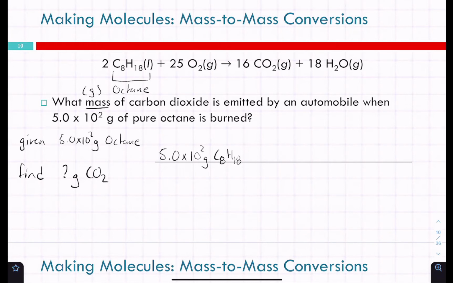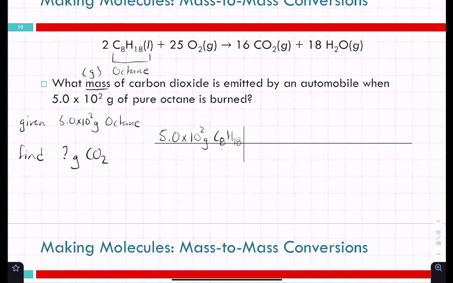All right, so how do we convert from grams of A to moles of A? Magical ratio on the periodic table. Find the molar mass of octane. Molar mass, yeah. We'll have to use the molar mass to convert grams into moles. So our molar mass of octane is going to be the sum of all of the atoms that make up octane.